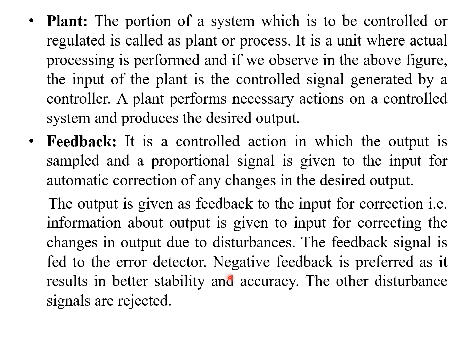It is a controlled action in which the output is sampled and a proportional signal is given as an input to the correction unit for any changes in the desired output. When we are feeding this output back to the correction unit, we can have two types of feedback: positive feedback and negative feedback. Generally negative feedback is preferred to have better stability and accuracy in many systems.